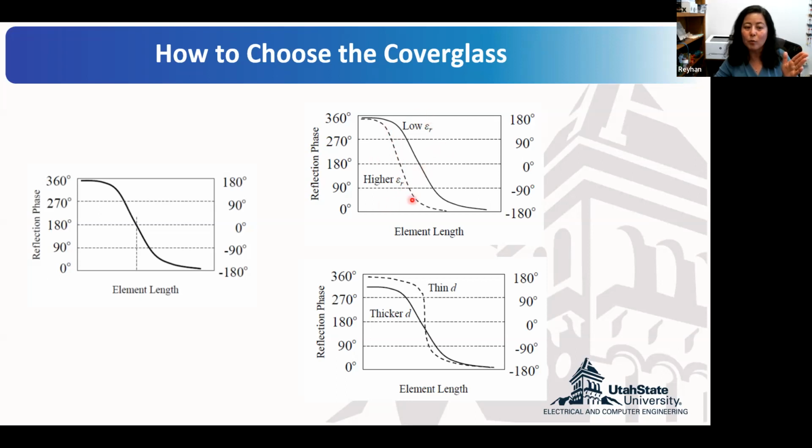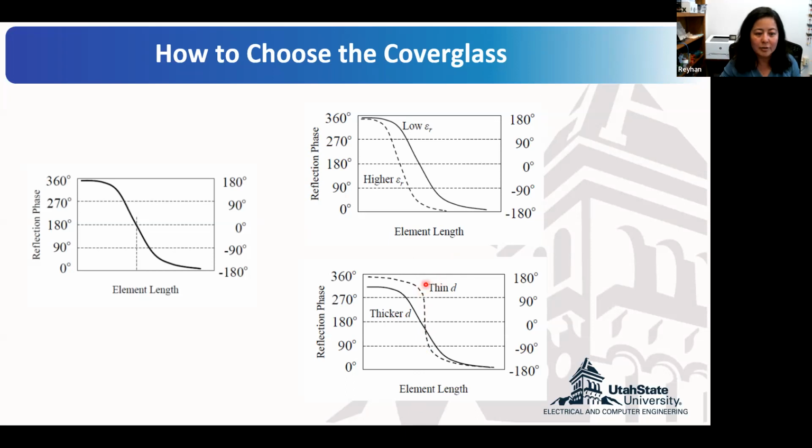Therefore, we want to choose the substrates such that it gives enough range of phase angle that we need. Also, it's not too steep that we cannot fabricate.